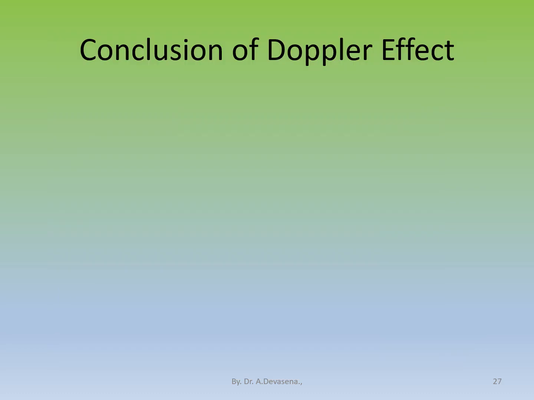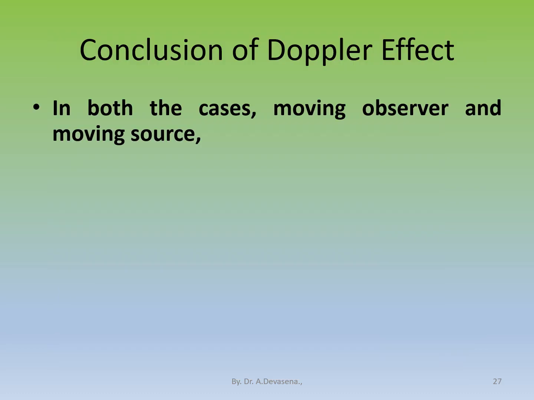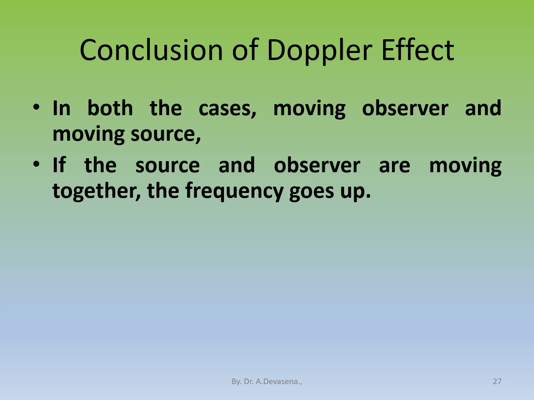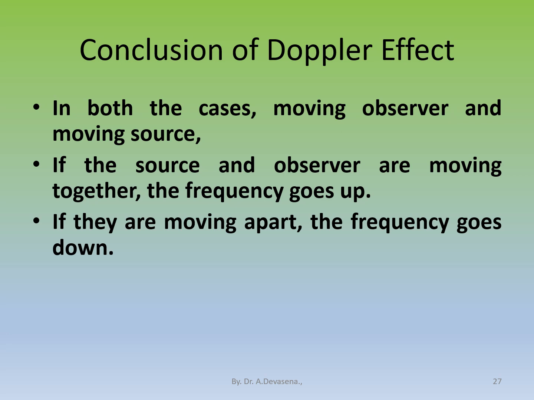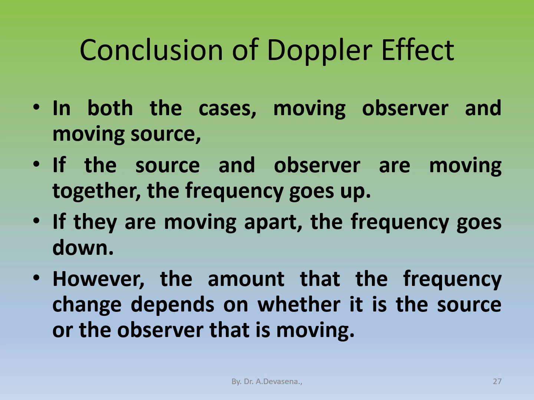In both the cases, moving observer and moving source, if the source and observer are moving together, the frequency goes up. If they are moving apart, the frequency goes down. However, the amount that the frequency changes depends on whether it is the source or the observer that is moving.